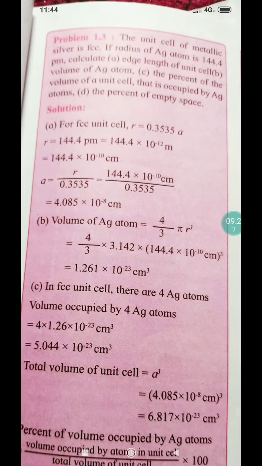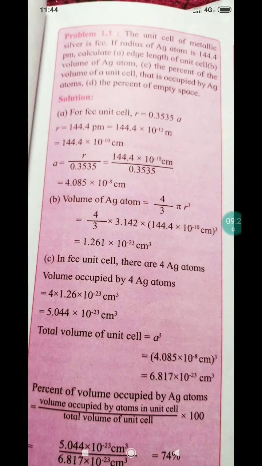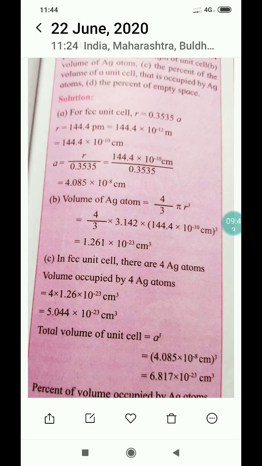So first, for face centered cubic structure, the radius is equal to 0.3535 times the edge length, and that's why A is equal to r upon 0.3535.